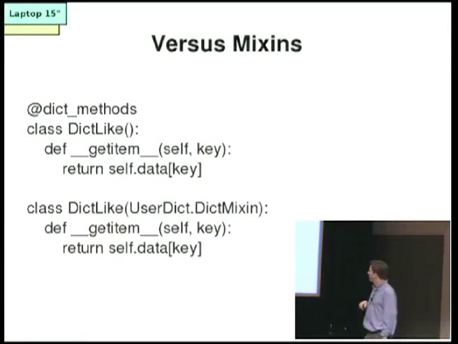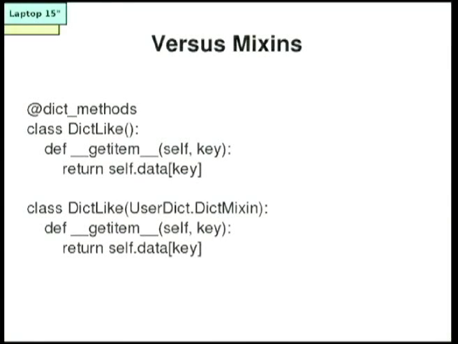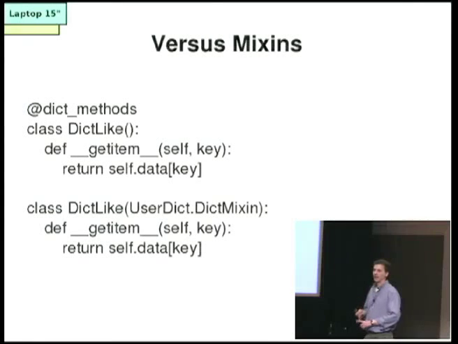In the case of the dict mixin, if you have getitem and keys defined on a dictionary-like class, then all of a sudden you can do length, you can do itervalues, you can do copy, you can do all kinds of things if you just define a couple primitives on a class.